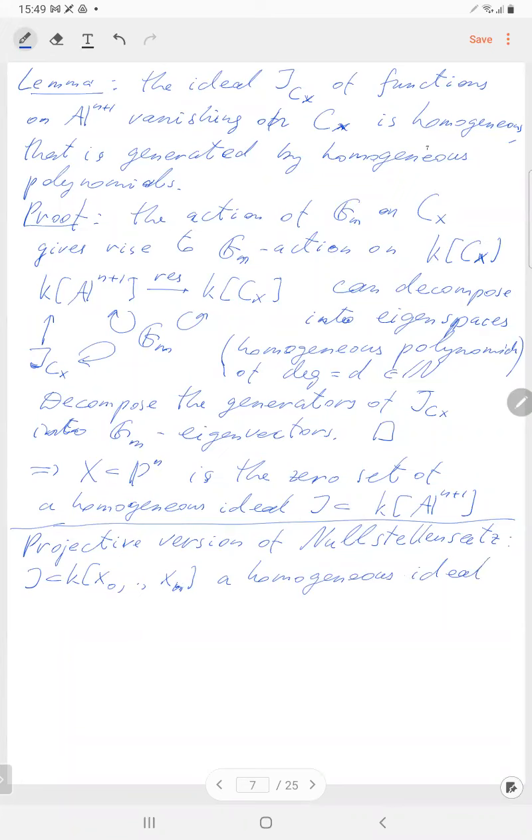And we have a polynomial f, also homogeneous.